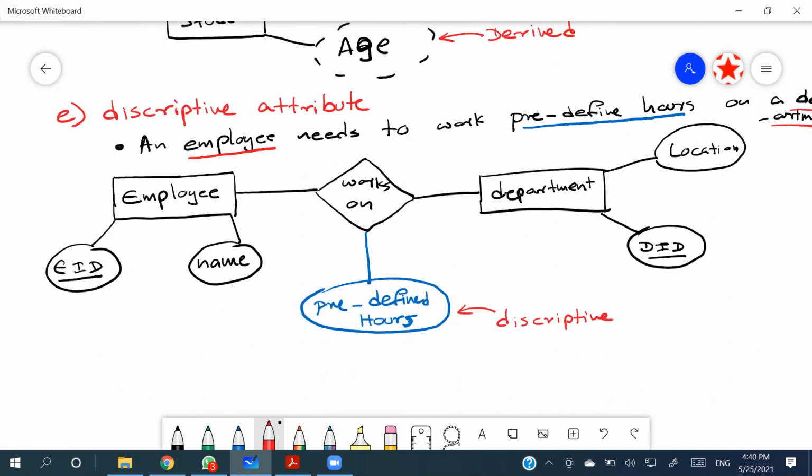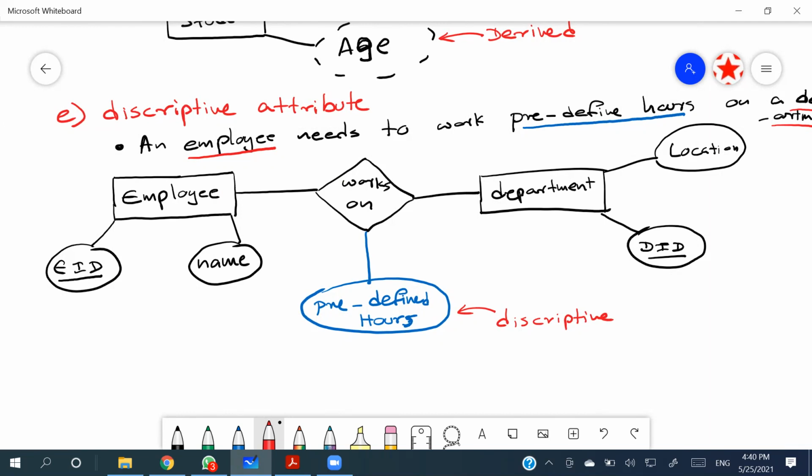I told you the relationship means the component that we illustrate in a diamond box. And why we use a descriptive attribute is when we have an attribute which describes both the entities that are connecting to each other.